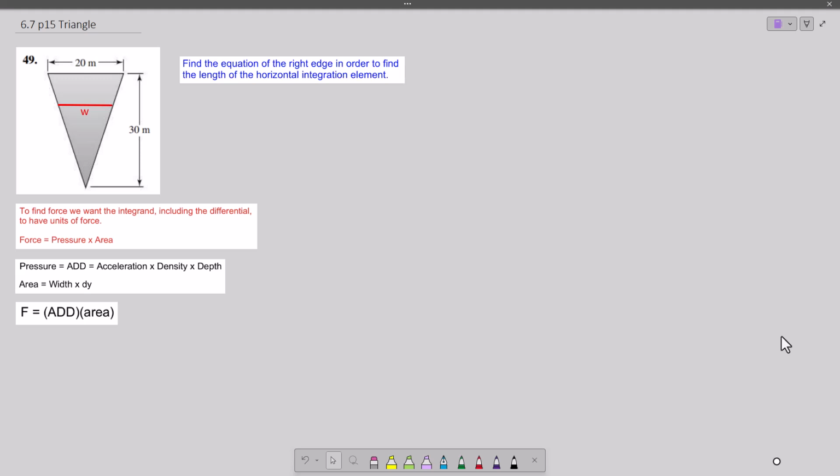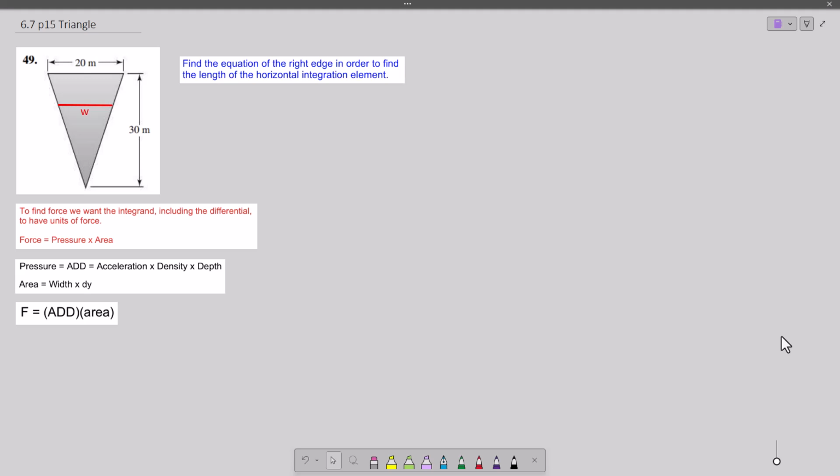Let's look at a wall that's triangular. So we've got this triangular wall. And again, we're dealing with a 2-dimensional surface, right? We're just looking at the force on that wall. Our acronym will be the same as what we just used. So for force, it's ADD, area.